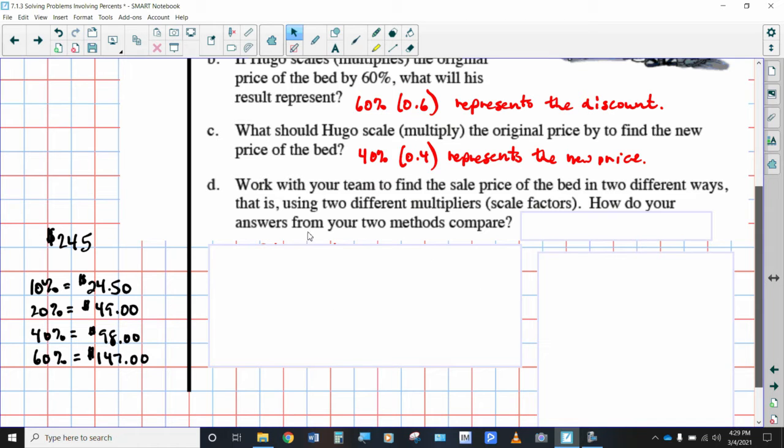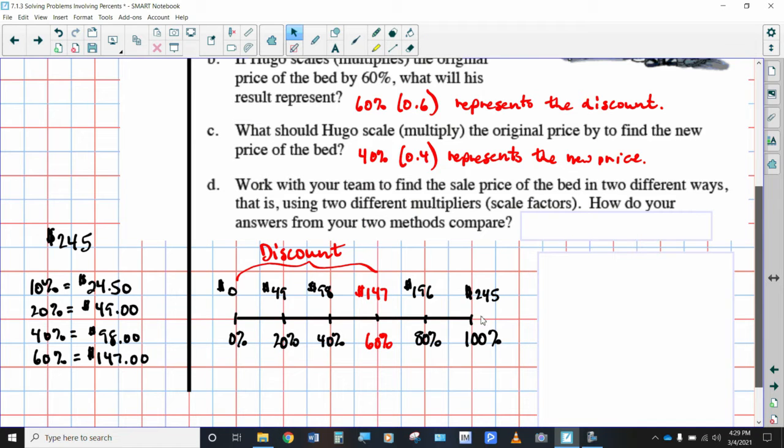So let's go now to the number line, the diagram that we would create for this situation. Here is how we would set up the diagram. Since we're dealing with nice and friendly percents, you can scale this by 10% intervals. So this would be 0, this would be 10, 20, 30, 40, 50, 60, 70, 80, 90, 100%. And 100% is the original price, the total price of the bed.